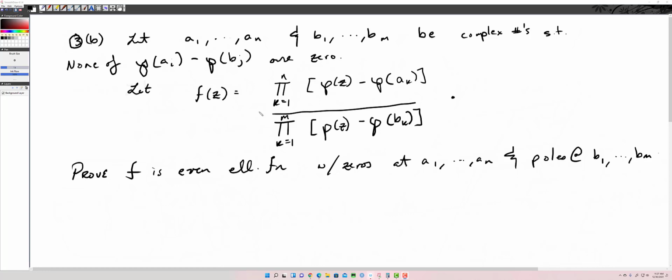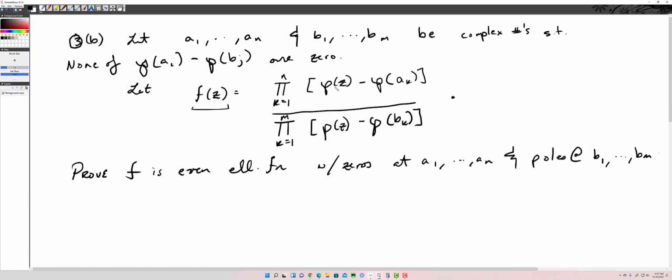Okay, so the second part of this question is kind of a lot. It says let a1 through an and b1 through bm be complex numbers such that none of the differences between p, if you plug in an a value, and p, if you plug in a b value, are 0. And then you name this function f of z.